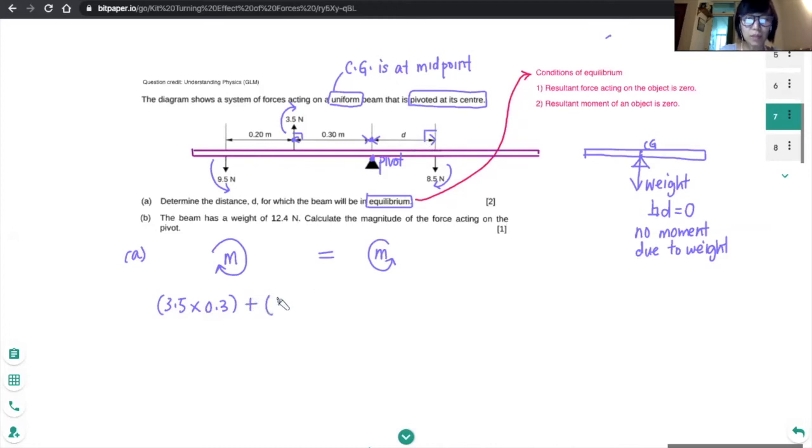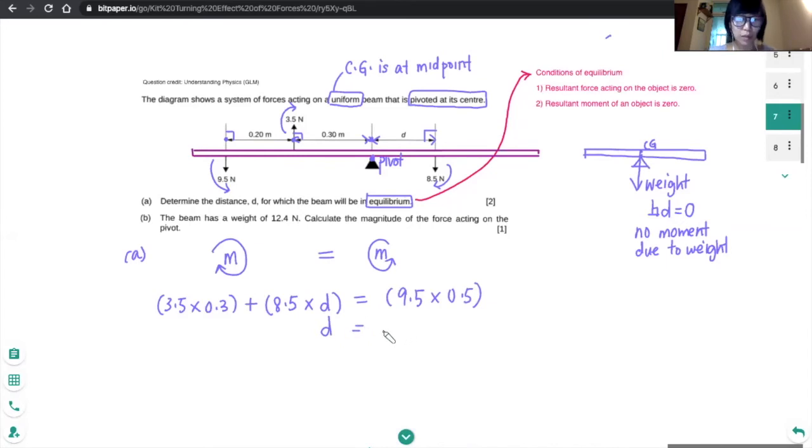So let's put it in: 8.5 times d. And your anticlockwise moment is due to 9.5 Newton. So we have 9.5 multiplied by the perpendicular distance between the force itself and the pivot, which is 0.5.